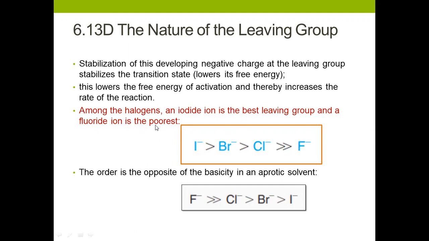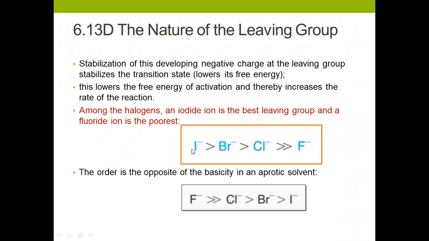So the trend among the halogens: the iodide ion is the best leaving group. Of course, when this is the leaving group attached to your substrate and it becomes an anion, the iodide is more stable, being a large atom, as compared to the fluoride ion.